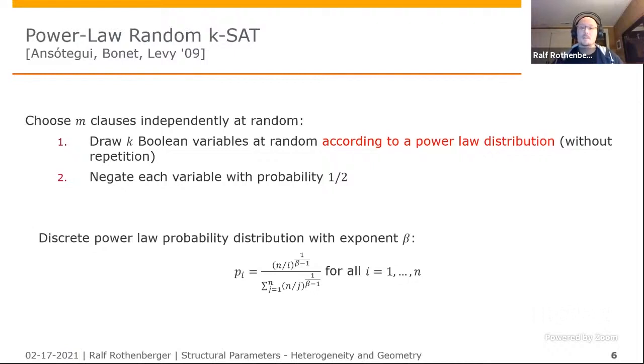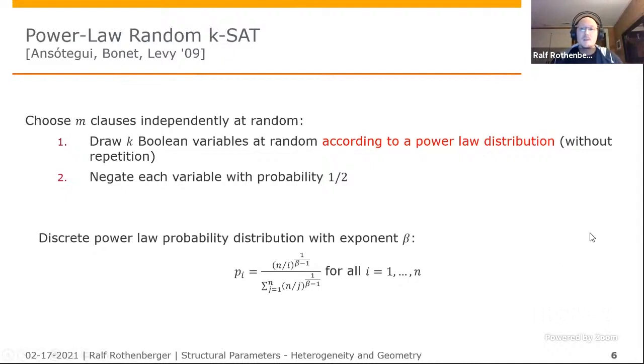You can see below how to do this in a discrete way. The i-th Boolean variable has a probability proportional to (n over i) to the 1 over beta minus 1, where beta is, again, the power law exponent. And then you negate the k variables with probability 1/2 to get a random clause.